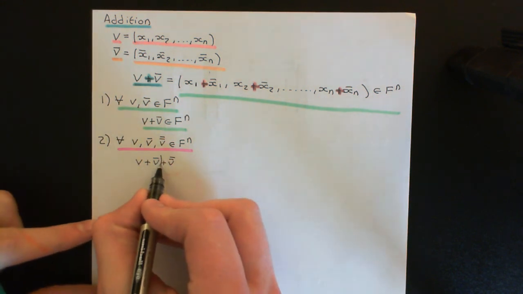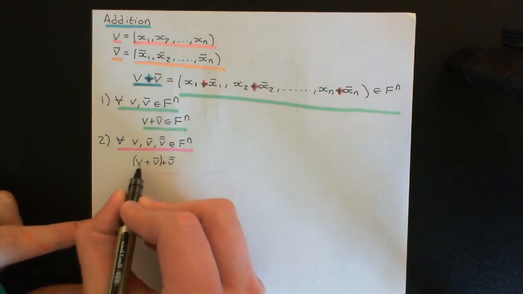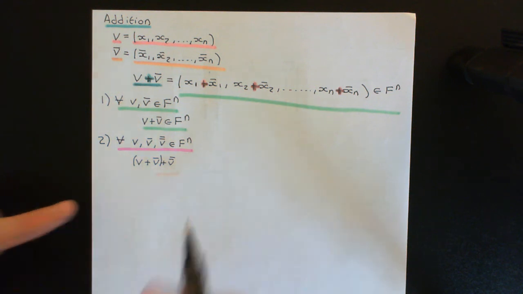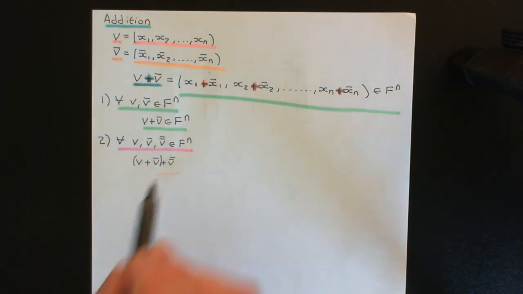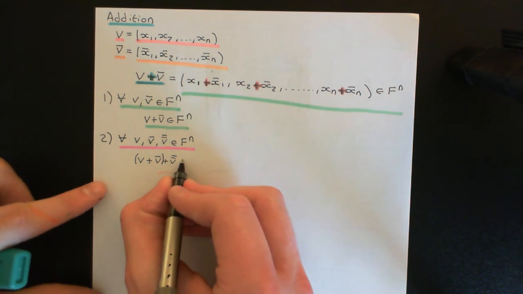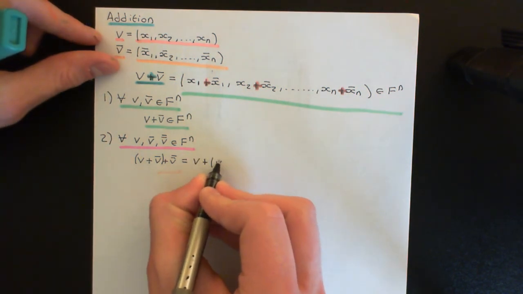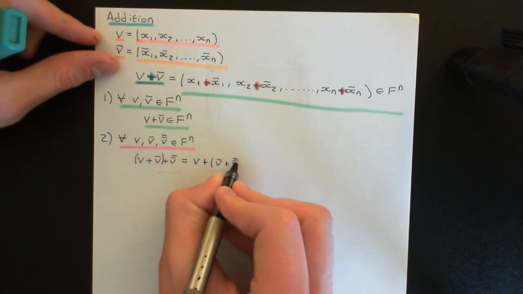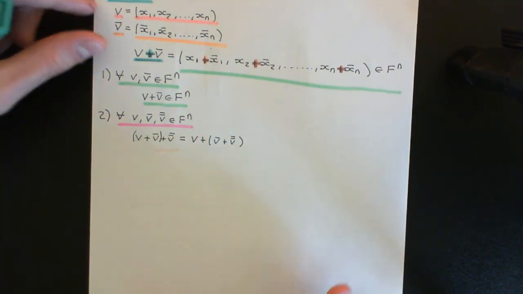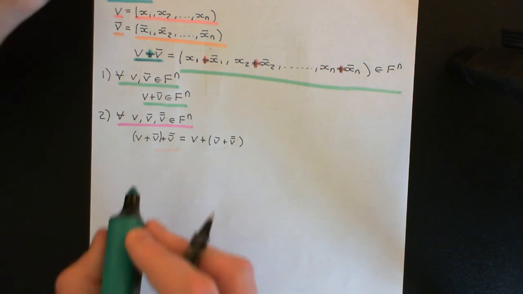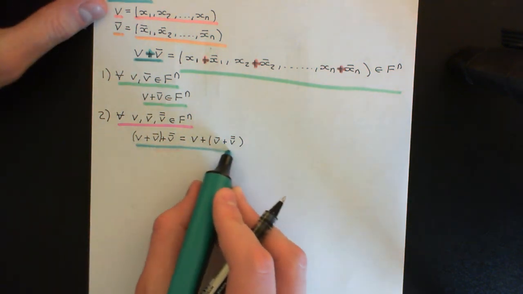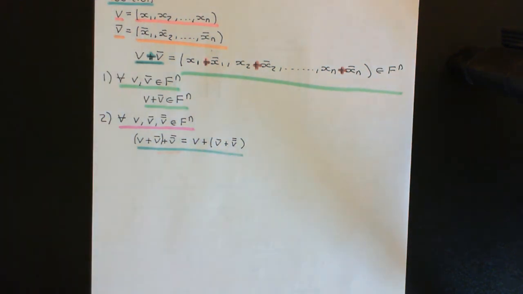So you can either put the brackets around v and v bar, which says firstly add v to v bar, take the answer and then add it to v double bar, or you could put the brackets around v bar and v double bar, so you could make this v plus the quantity v bar plus v double bar, like so. Associativity insists that these two different ways of doing it must give the exact same answer.